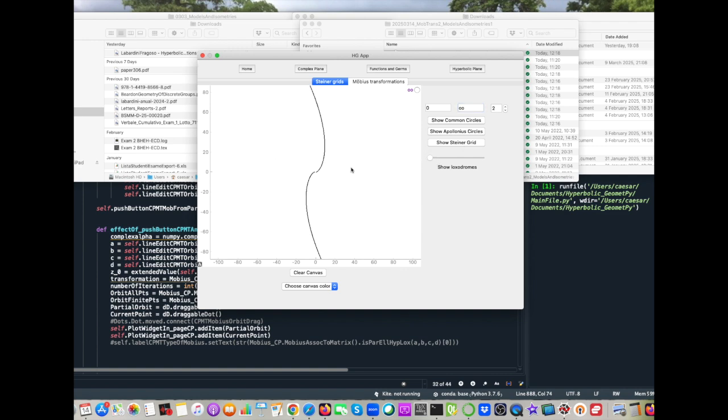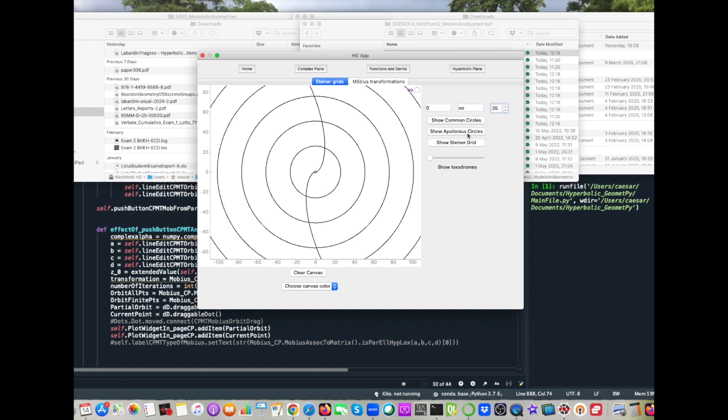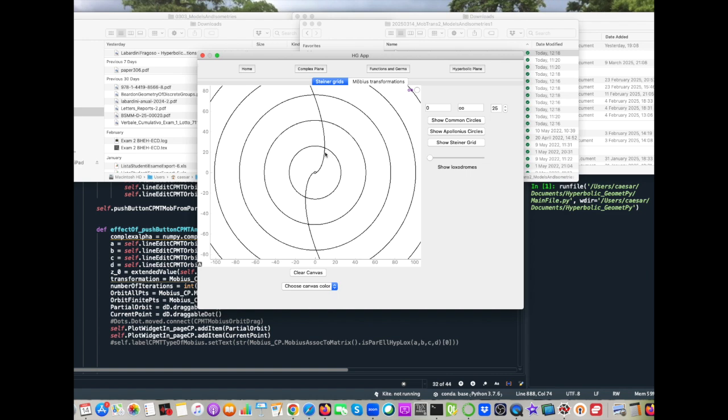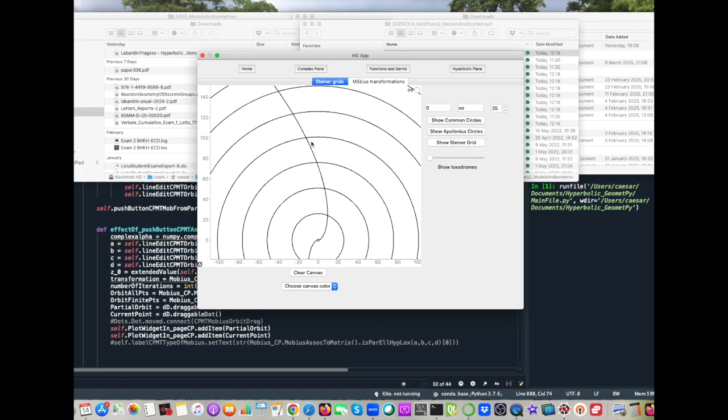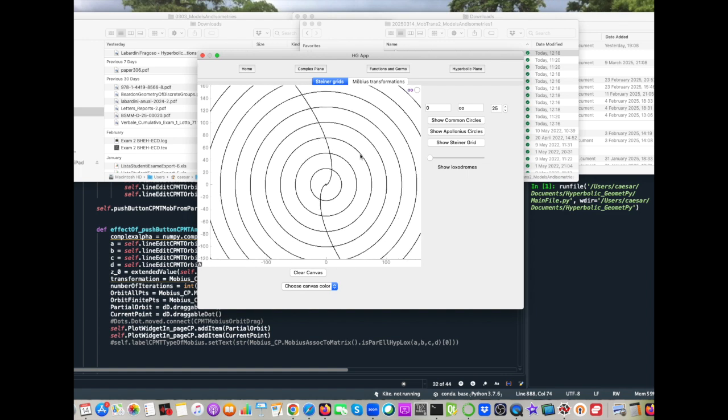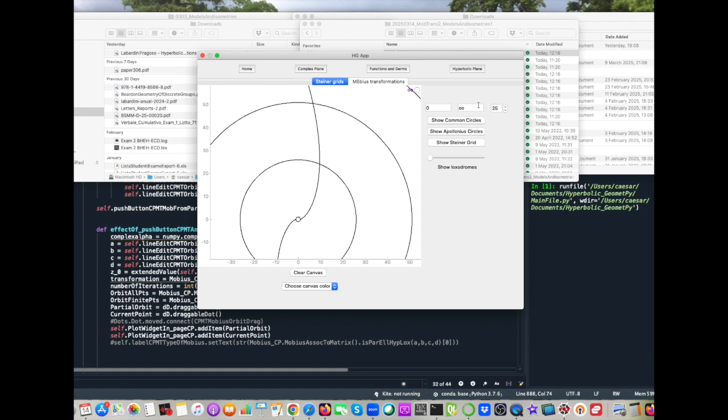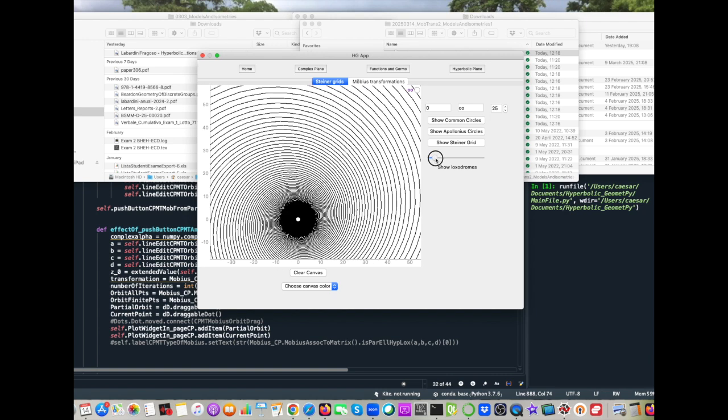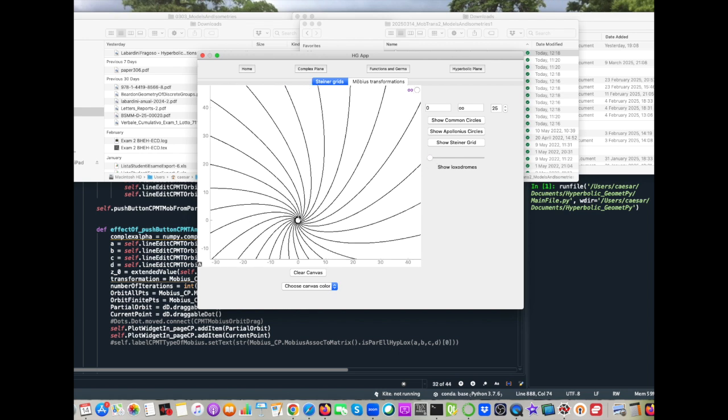That's a loxodrome for a certain choice of alpha, a certain choice of angle, and let's say 25. And then here you can see this angle is equal to this angle, equal to this angle, etc. So it's at least visually more or less clear. And then let's change the angle a little bit, maybe like this.